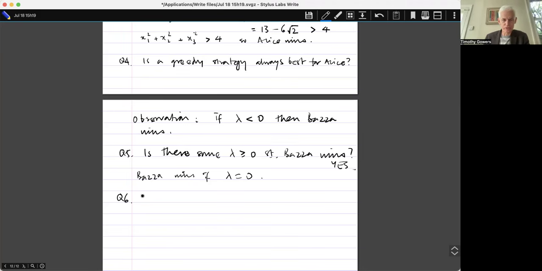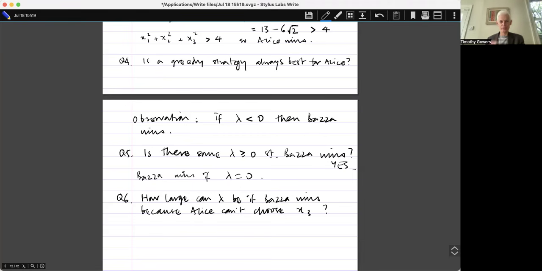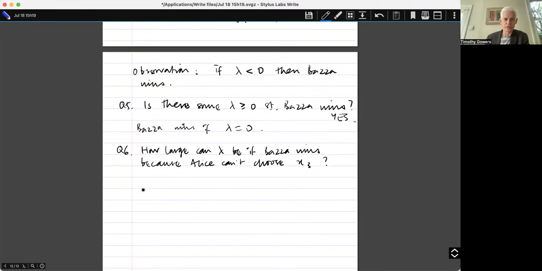But instead what I'm going to ask is, how large can lambda be if Bazza wins, because Alice can't choose x3? There we are. So let's just quickly answer that question. It's going to be an easy one to answer, I think.